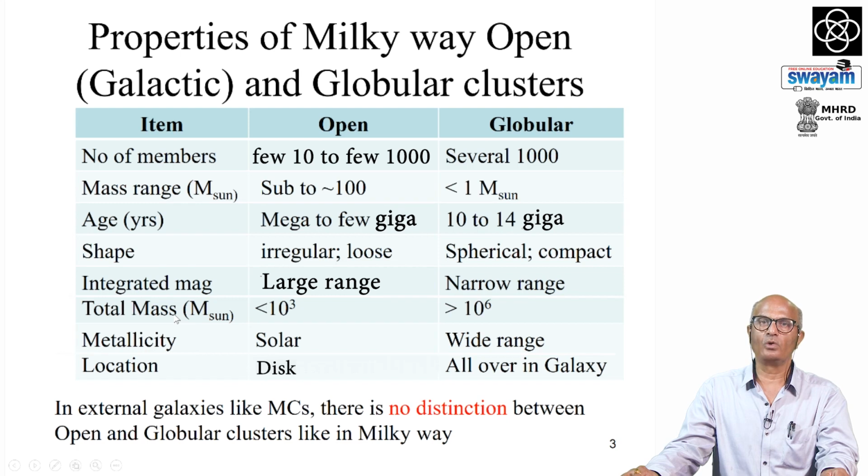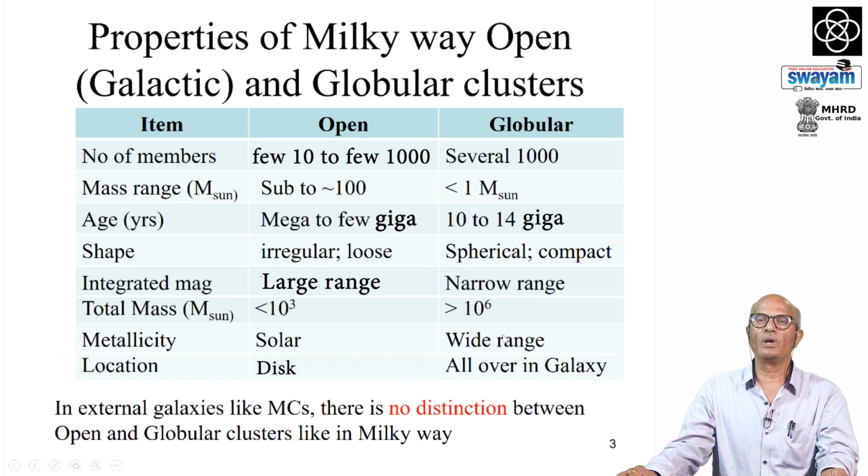If we talk about the total mass of the system, open clusters are generally less than 10 to the power 3 solar mass, and globular clusters are more than 10 to the power 6 solar mass. So, it looks like there is a dichotomy in the total masses of these clusters: one is in the lower range, less than 10 to the power 3 solar mass, the other is in the higher range, 10 to the power 6 solar mass.